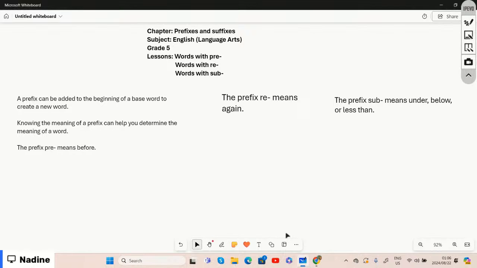Knowing the meaning of the prefix can help you to determine the meaning of a word. It makes it much easier for you to know the meaning of another word if you know the meaning of a prefix, or later on, the meaning of a suffix.